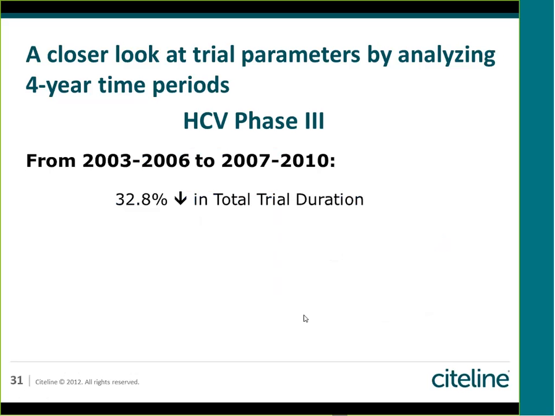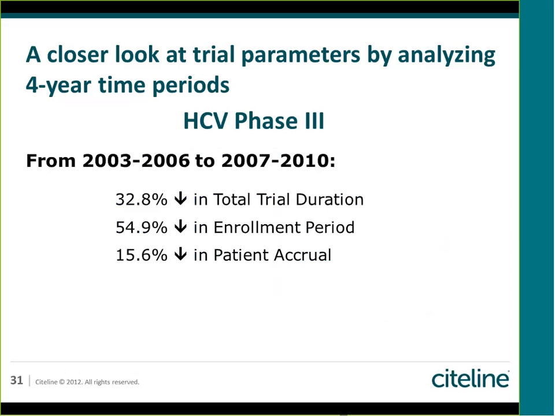So this is a numerical summary of the pictorial one we saw on the last slide, and looking at the difference between the second time period and the most recent time period, we see a 33% decrease in the total trial duration in Hep C. At the same time, we see a 55% decrease in the enrollment period.